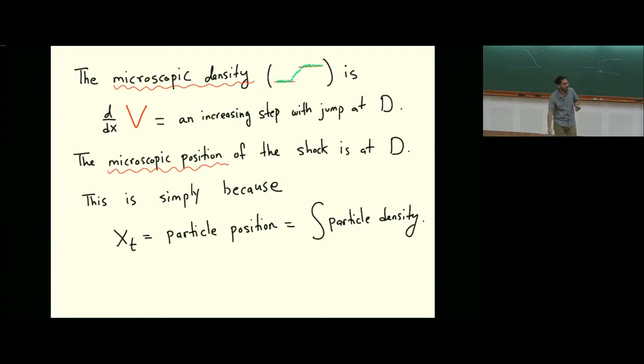But there is no clever randomness. It is, in fact, still just a step function, and the only way randomness affects it is in the location where it jumps, which is this D. Otherwise, it stays very rigid. It remains a step function, even macroscopically. So that's the interpretation of the shock.